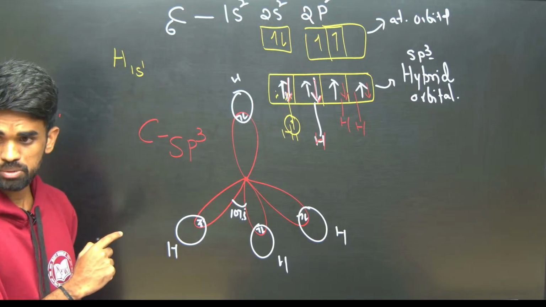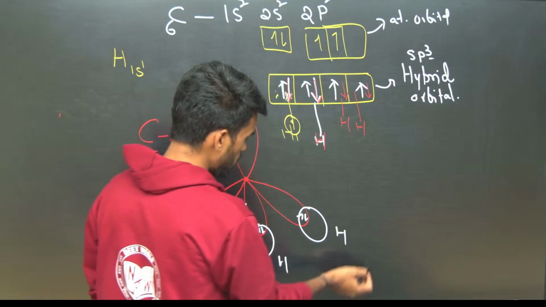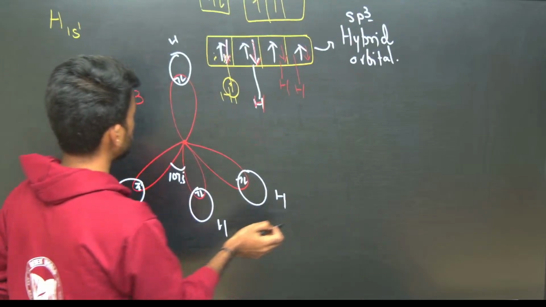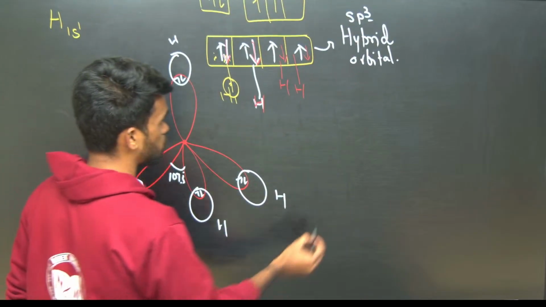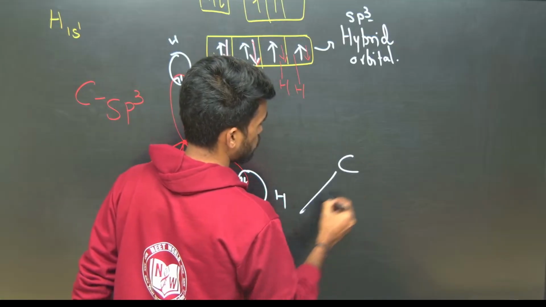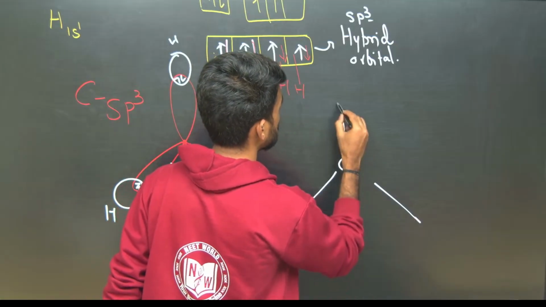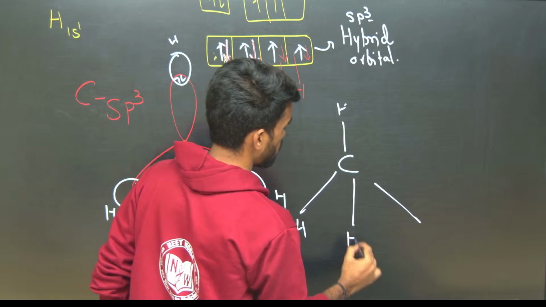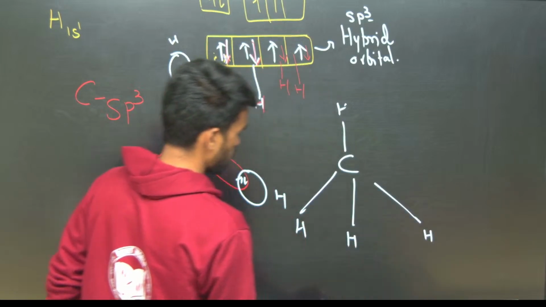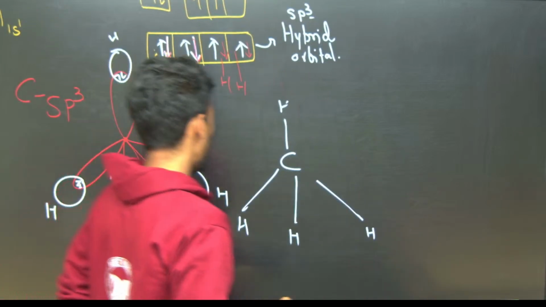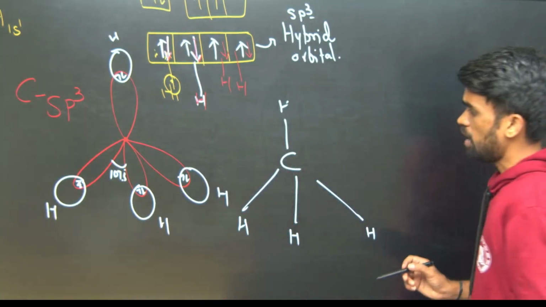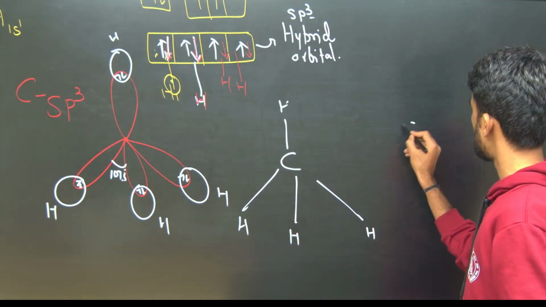Okay, is this clear up to here? Right. Now this is the orbital representation. If I want to represent in the normal bond line notation, you can also write it like this. This is a 2-dimensional representation, I mean normal line representation, but on a 2-dimensional paper I would like to represent in a 3-dimensional view.